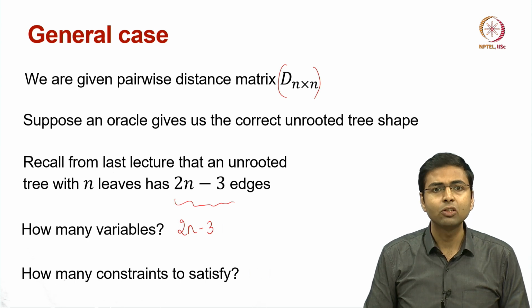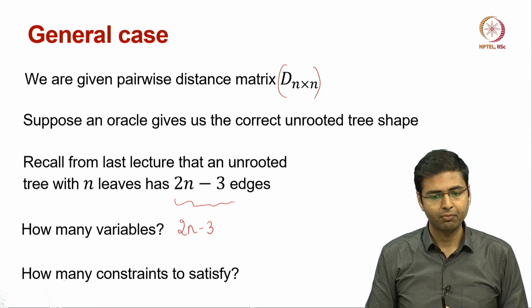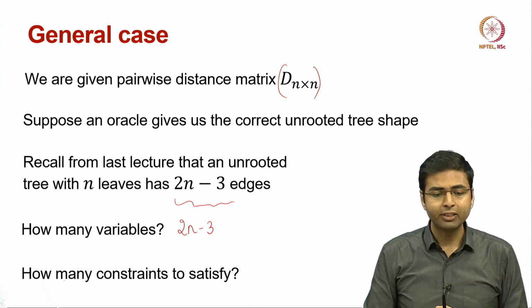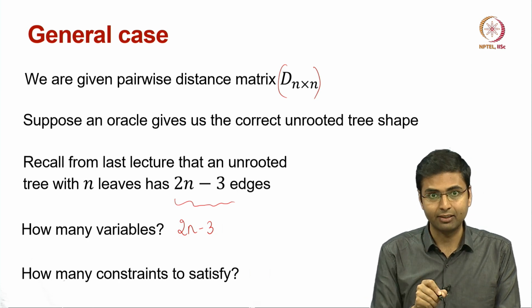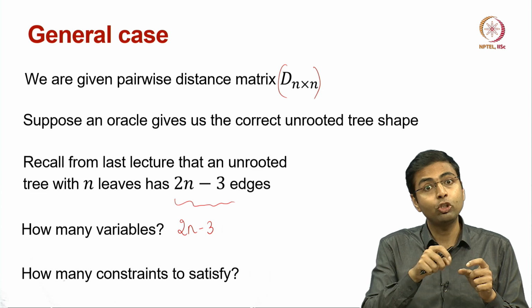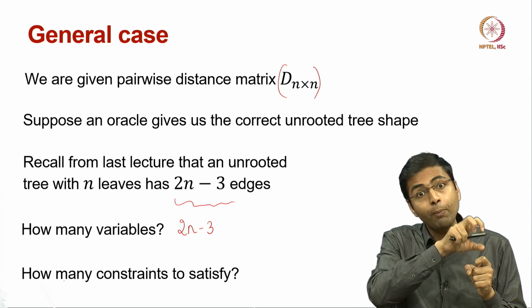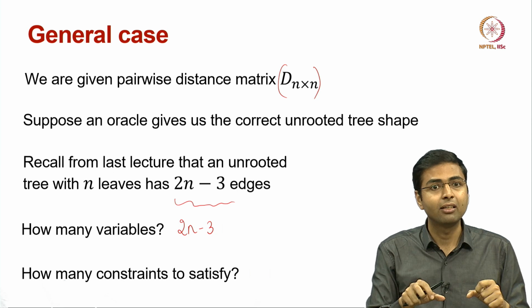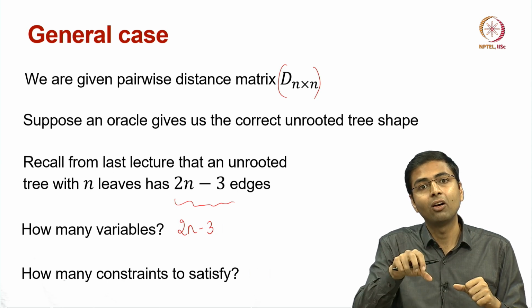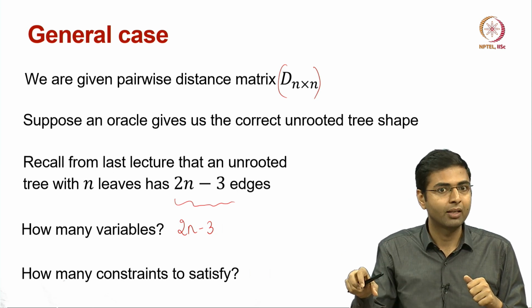How many constraints do we have to satisfy? Well, observe that we have to find a tree which is consistent with the given distance matrix. That is, we have to make sure that the distances between all pairs of leaf nodes match the distances in the tree.